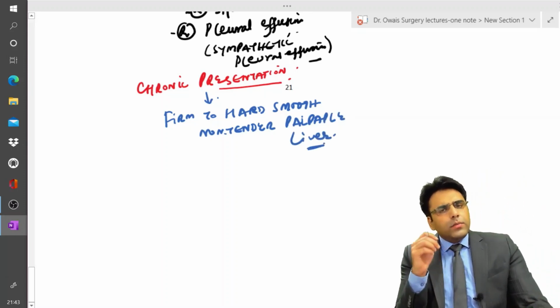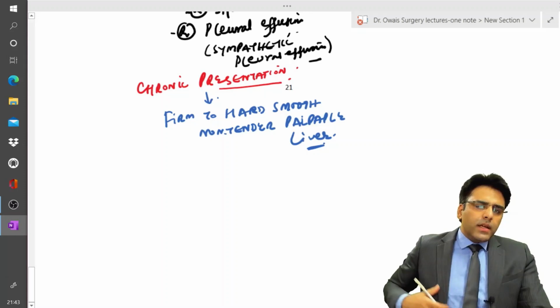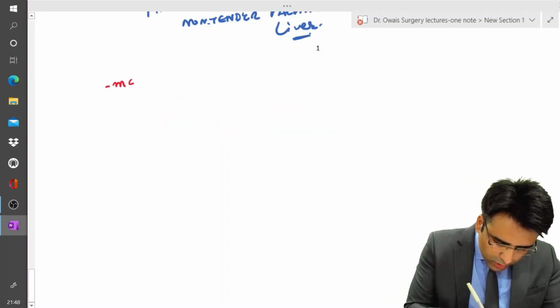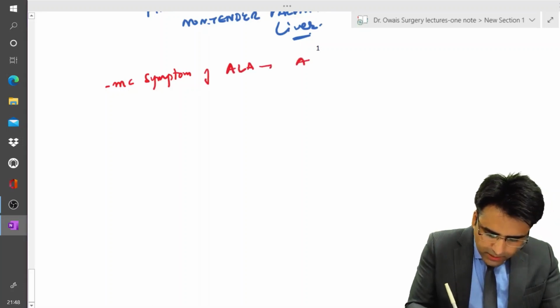Clear? Now the most common symptom of amoebic liver abscess is abdominal pain. So the patient will present with pain in the right hypochondrium.